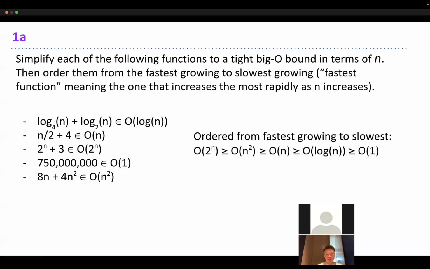You can go from 2 iterations to 15 iterations super quickly. If it's slow growing, as your input increases, your runtime doesn't get that much slower. Any questions about this, or the difference between fastest growing versus fastest runtime?